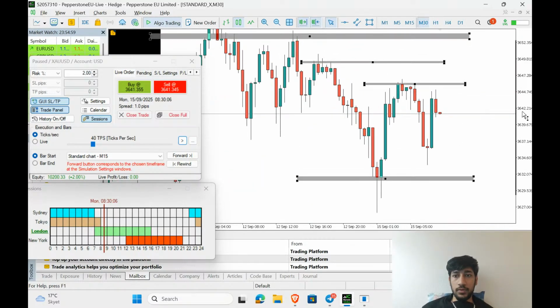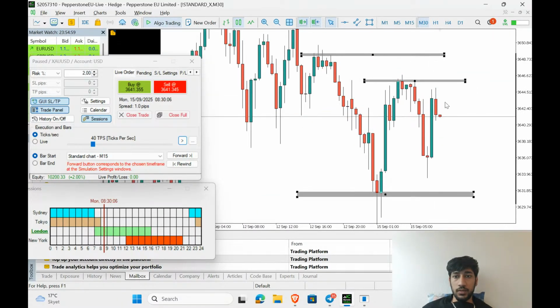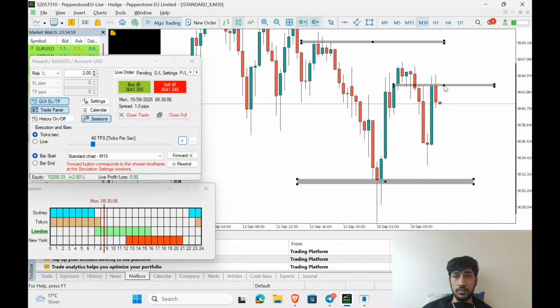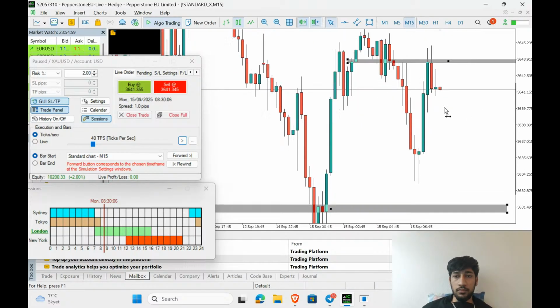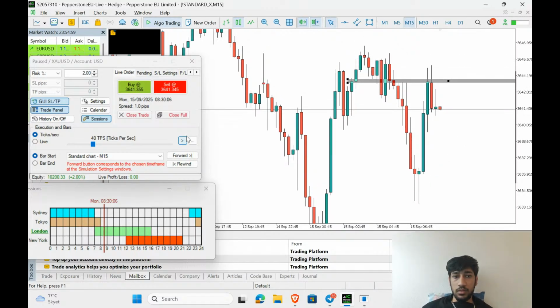H1, M30, we have this weak to fill and this weak to fill on H4. M30 we also formed a resistance, which means M30 we formed a support. If we break this support, we have this range. So if we break below this support, we can take a good sell.